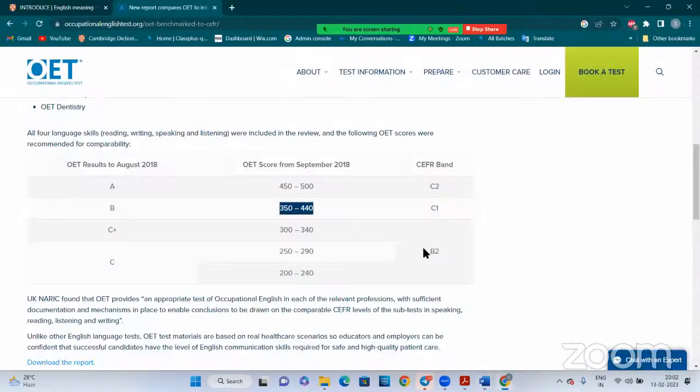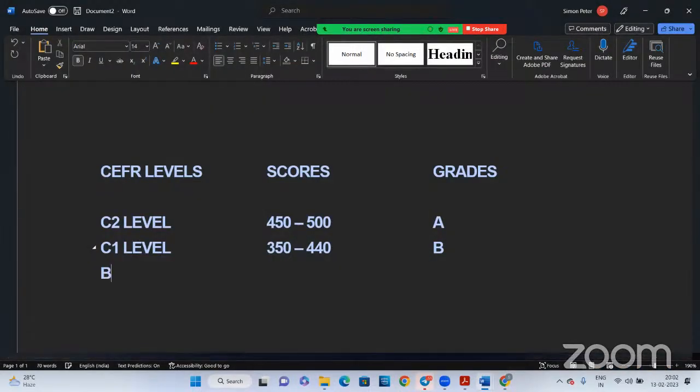Okay, next one, B2 vocabulary. B2 level.